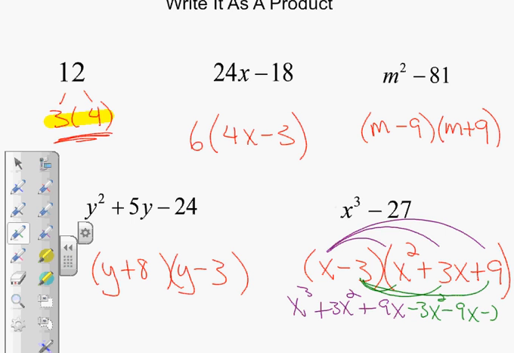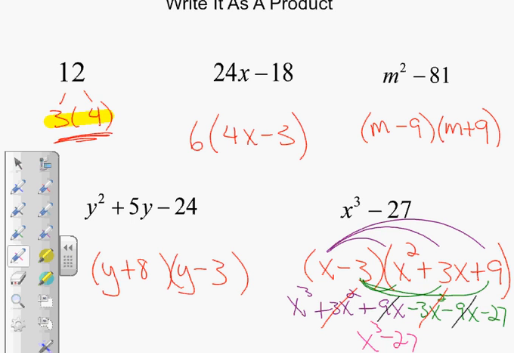Negative 3 times 9 is negative 27. Well, we're going to notice from there that the 3x squareds cancel, and then the 9x's cancel. So in fact, the only thing I'd be left with if I simplify this is x cubed minus 27, which is the original problem.